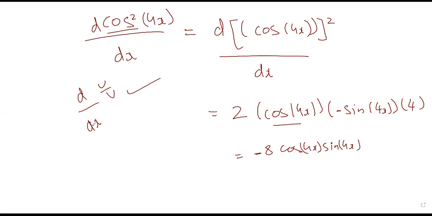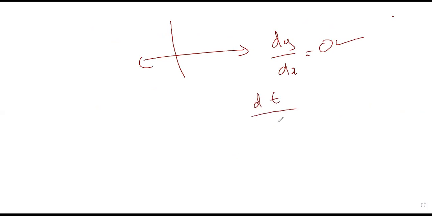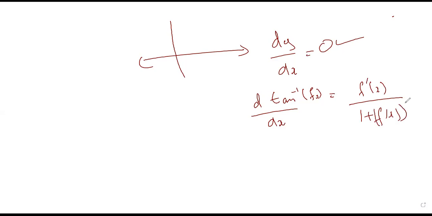Learning one was that whenever something is parallel to the x-axis, the derivative would be 0. Then we discussed tan inverse, and d by dx of tan inverse f of x would be f dash x divided by 1 plus f of x whole square, right?